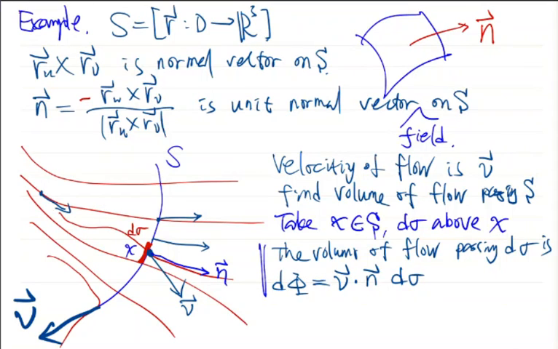So such velocity has no contribution to the volume we computed. Only the normal component of the velocity counts. Therefore, this is why we need to compute the inner product of v and the normal vector n. This is precisely the normal component of the velocity. So this is the volume of flow passing through these small pieces of the surface.